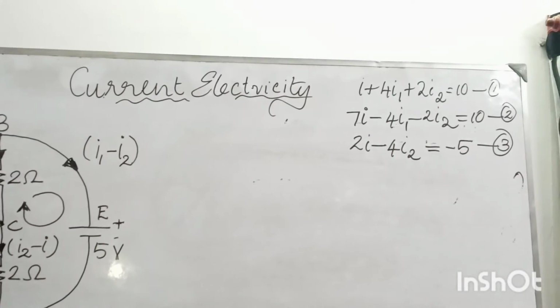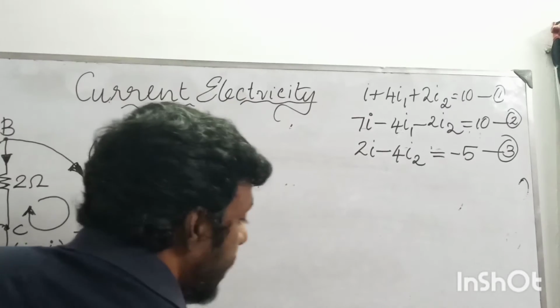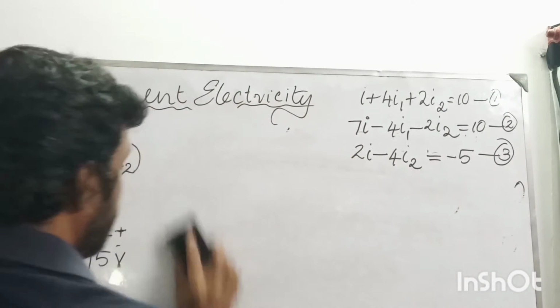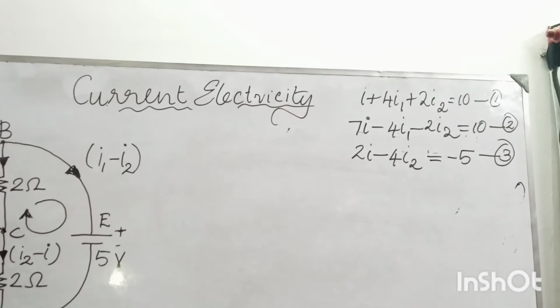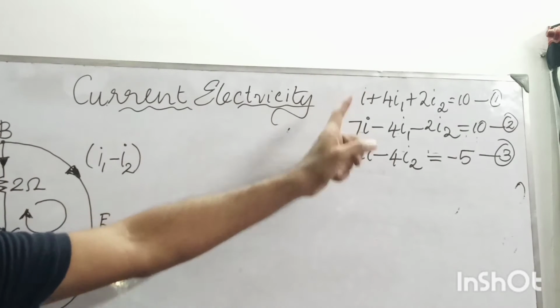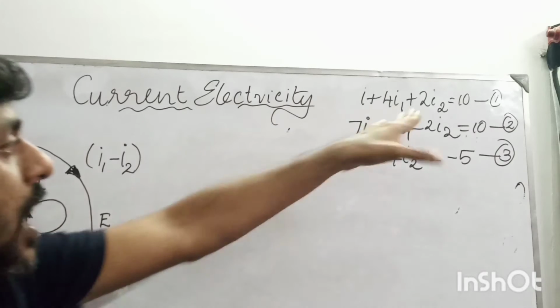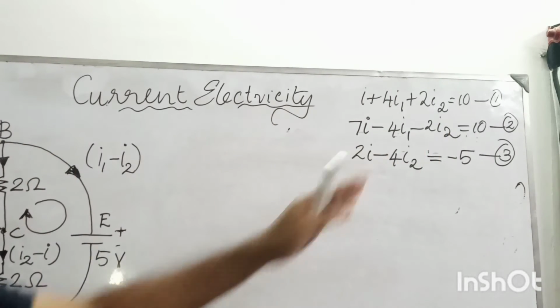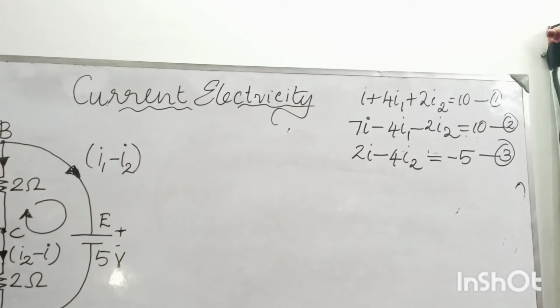This is equation number 3. So finally we have solved the individual electrical loops and obtained 3 equations. Now our duty is to solve these equations simultaneously and determine the individual branch currents, right?